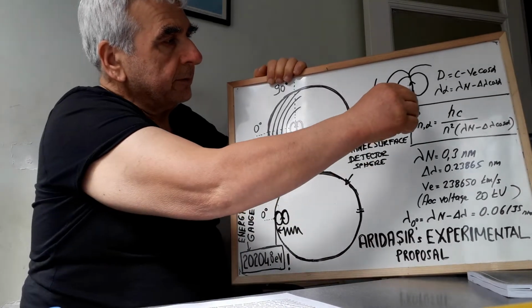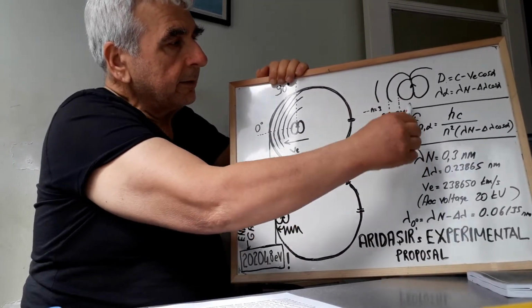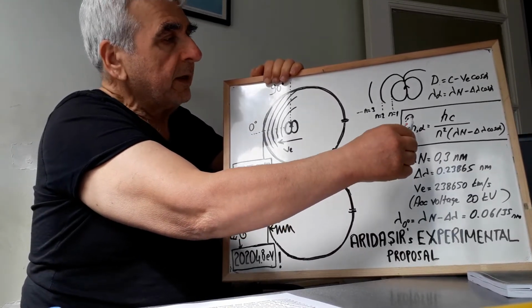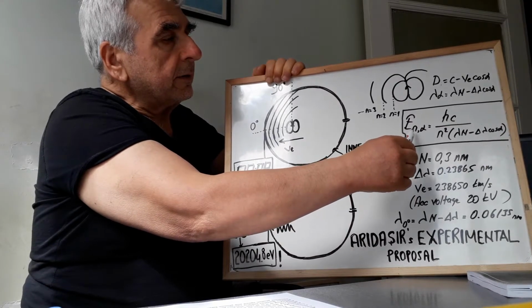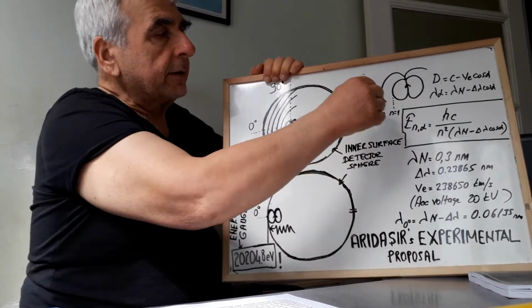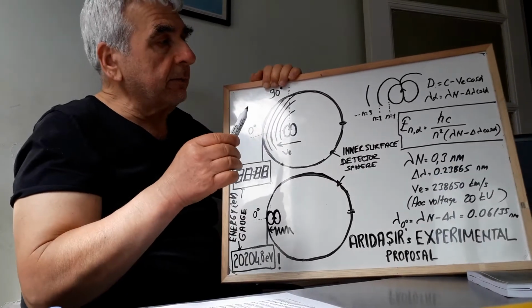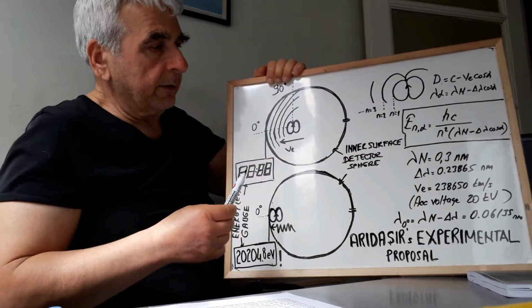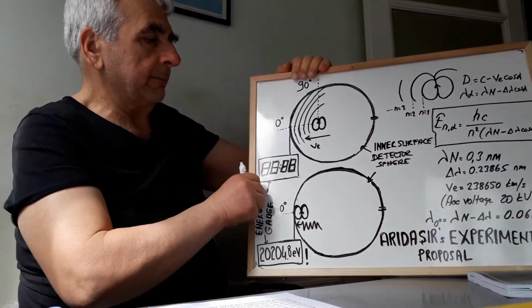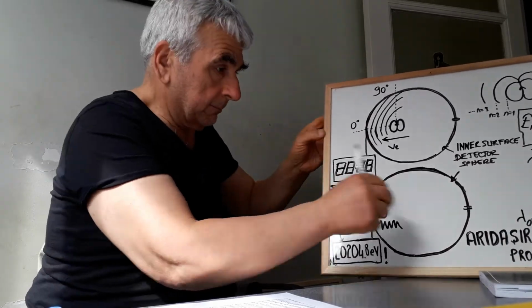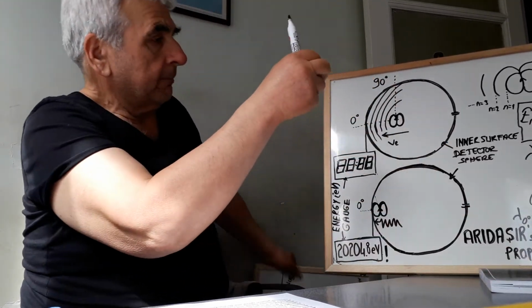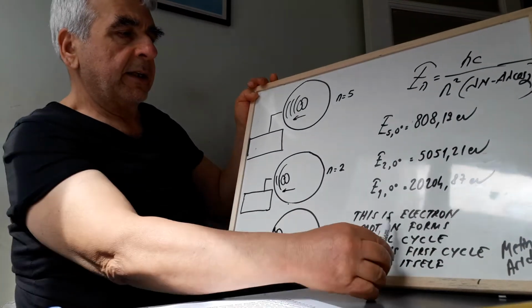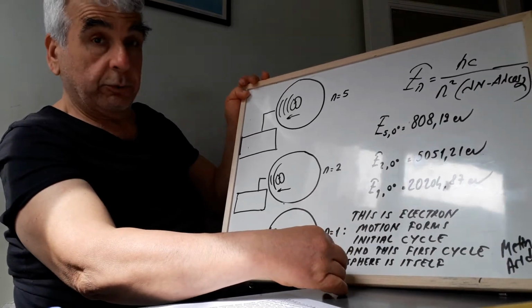Don't forget, please. This is my formula. N is here, energy formula, touching energy formula. N represents each cycle. Okay, this is so important. First cycle is what? First cycle is electron motion forms in equal 1.